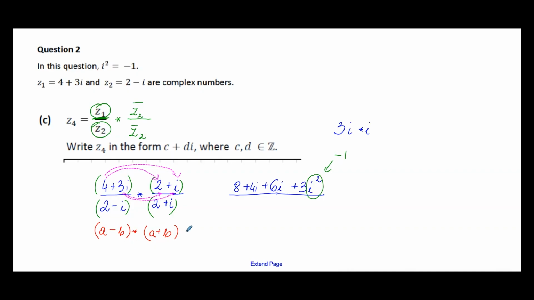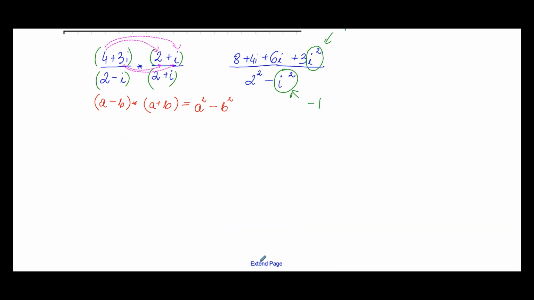When we have this type of situation, we can use a shortcut, and that will always equal the first number to the power of 2 minus the second number to the power of 2. So my first number is 2, so that will be 2 to the power of 2 minus, and my second number is i, taken to the power of 2. And again, I'm taking a note: I'm going to remove that i to the power of 2 and replace it with minus 1.